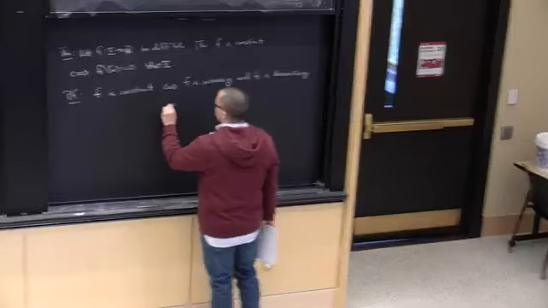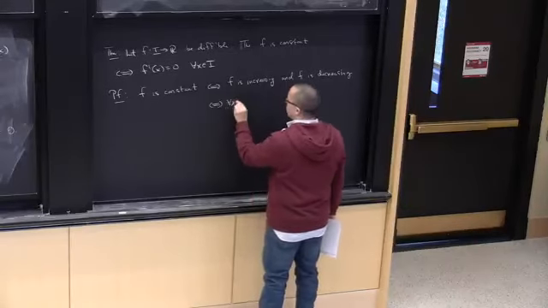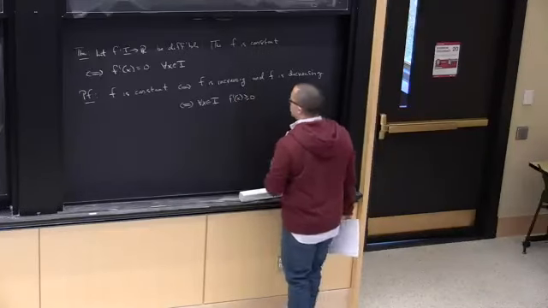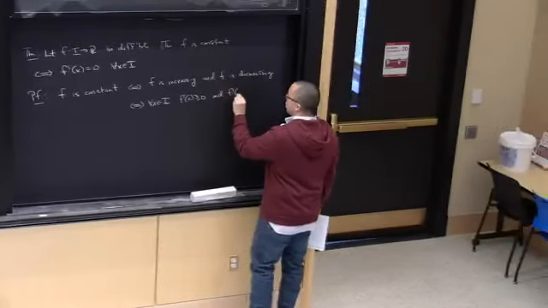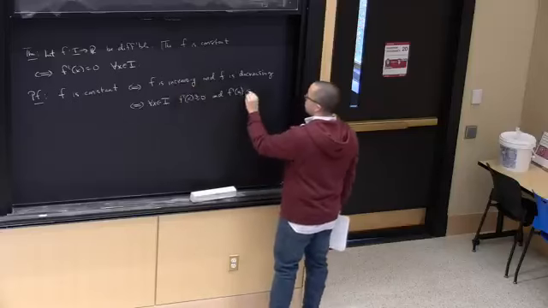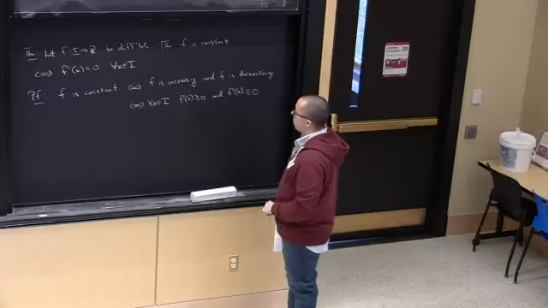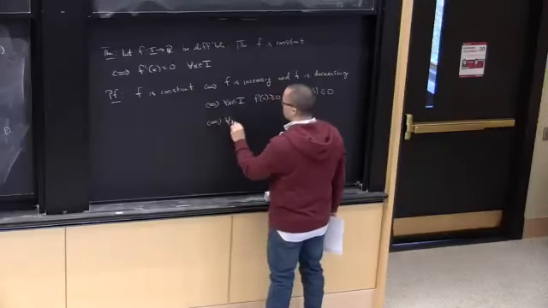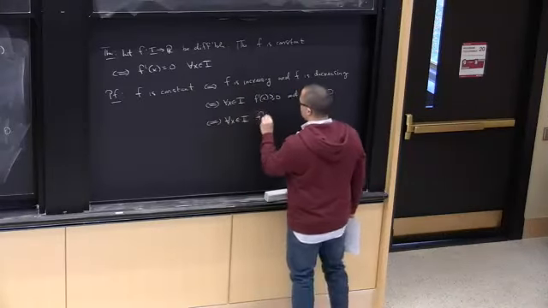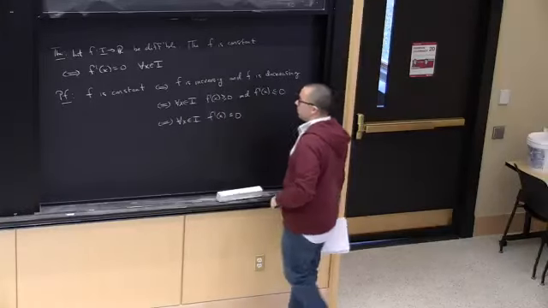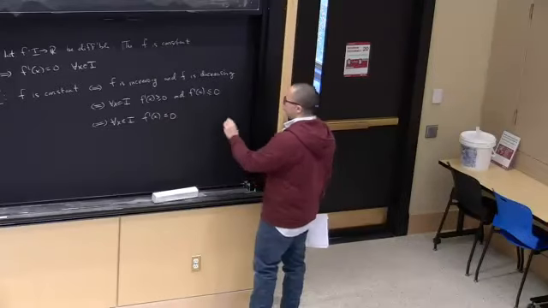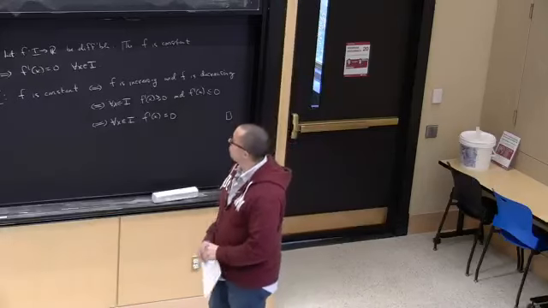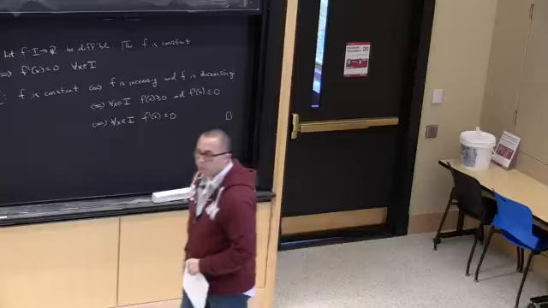And by what we've done now, this means for all x in I, f prime of x is bigger than or equal to 0, that's for the increasing part, and f prime of x is less than or equal to 0. And therefore, this is equivalent to f prime of x equals 0. Right? Okay, so we'll stop there.